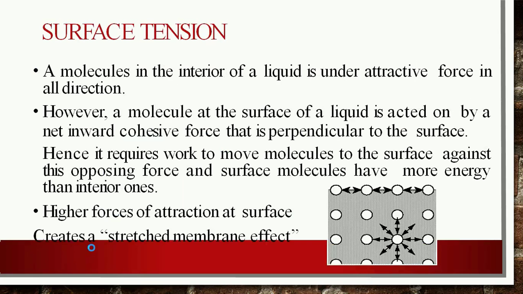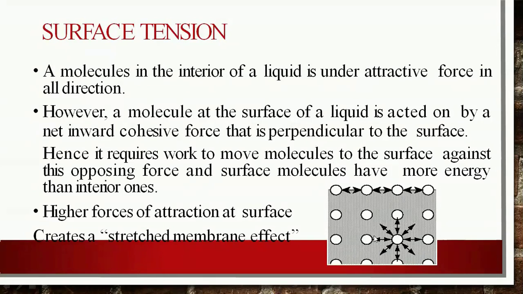So the next property is surface tension. A molecule in the interior of a liquid is under attractive forces in all the directions. Here in this picture, we are considering two molecules. This is molecule A and this one is molecule B. Suppose molecule A is inside the liquid and molecule B is at the surface of the liquid.